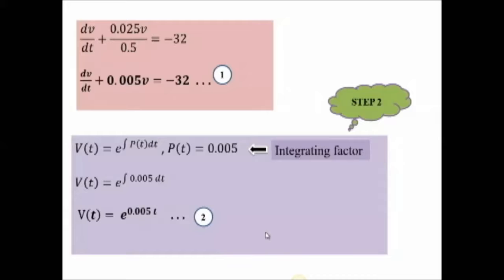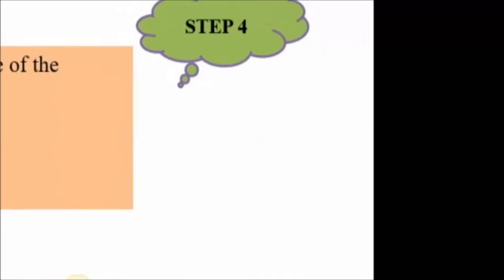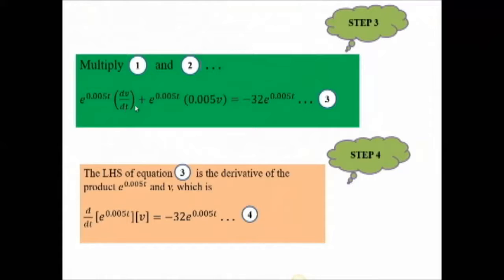It is our second equation. Okay, for step 3, we multiply equation 1 and equation 2 together. So we get exponent 0.05t of dv over dt plus exponent 0.05t of 0.05v equals negative 32 exponent 0.05t. It is our third equation.